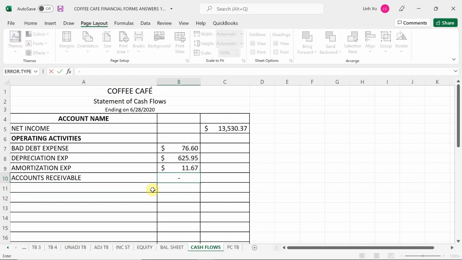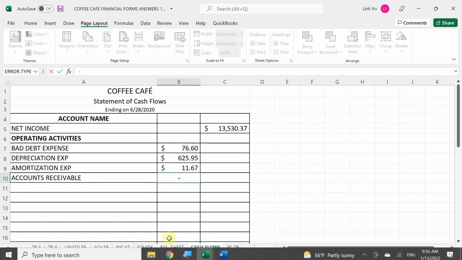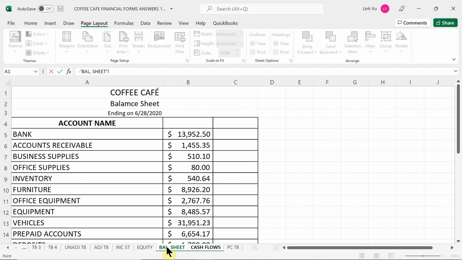Now, the one that's on your balance sheet is an adjusted version. This 1455.35 includes that allowance for doubtful accounts, or that bad debt expense of the 7660. But we already counted that back into the system. That's the first thing that we did, was recognize that that bad debt was taken out. So now we have to include it back in.